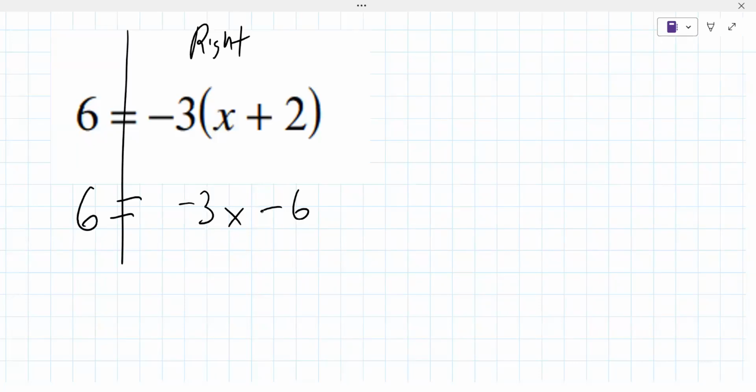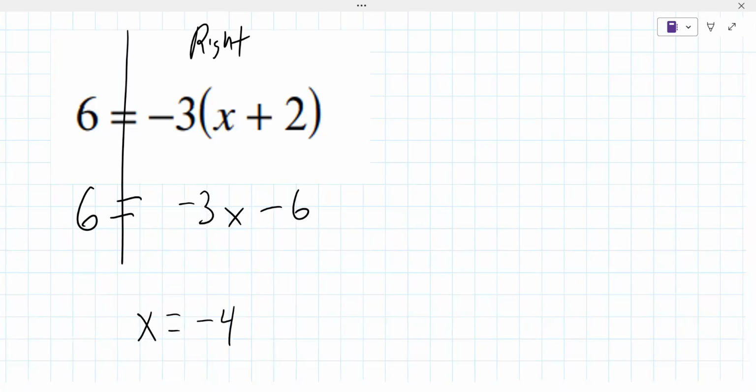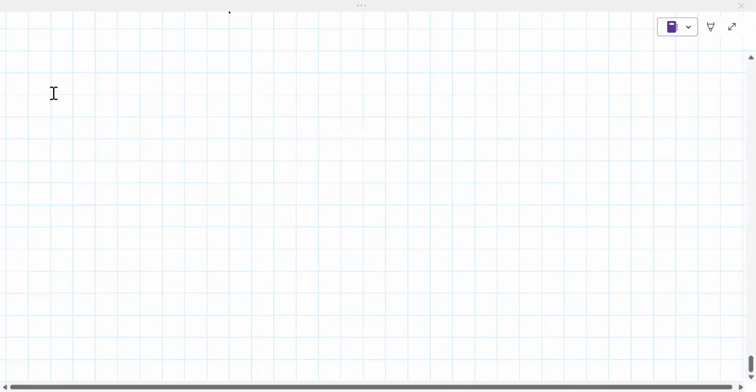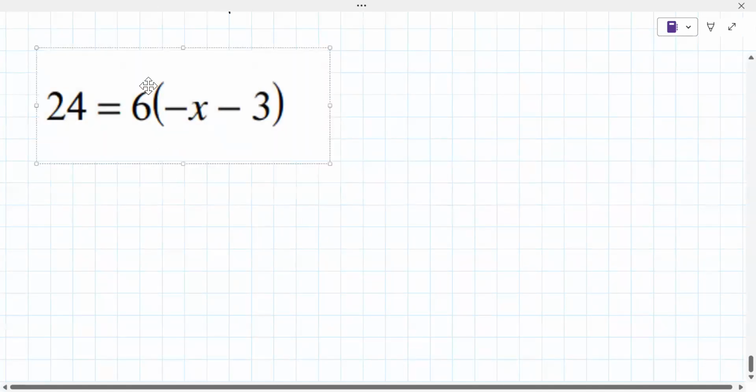What did you add to? -4? Yes, why is it -4? Was it a -3? Yes, it's -3 here. Okay, let's try another one like this. You're doing real well. Here we go. What I'd like you to do is distribute the 6 inside parentheses, please.